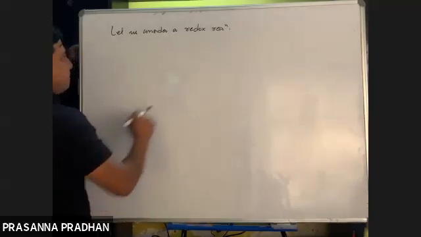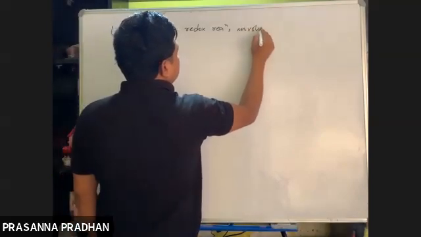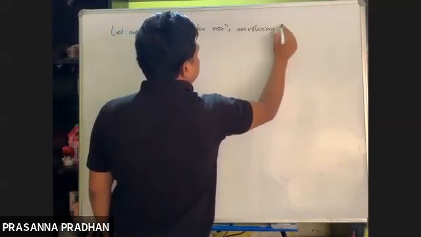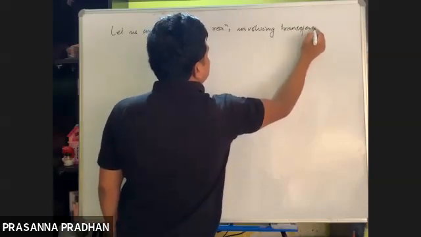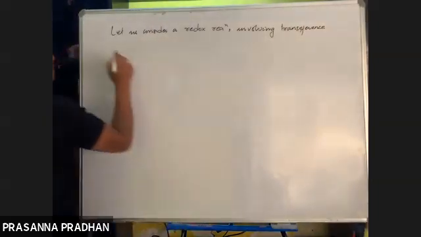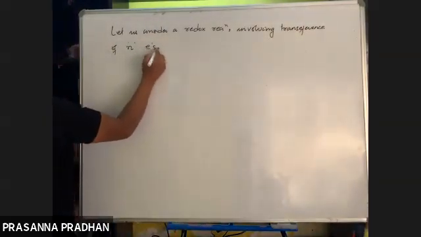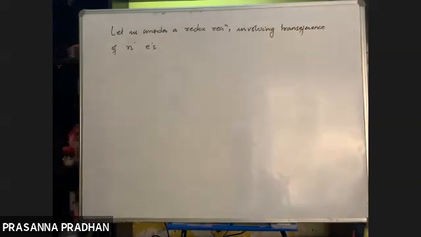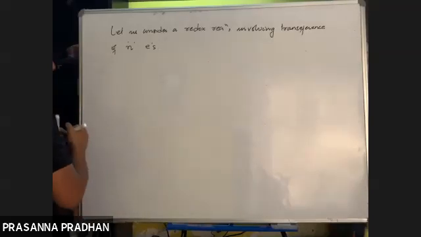Now, involving transference of how many electrons? Say suppose n electrons again. So we are considering a redox reaction where n number of electrons are transferred. So the redox reaction can be written in this way.